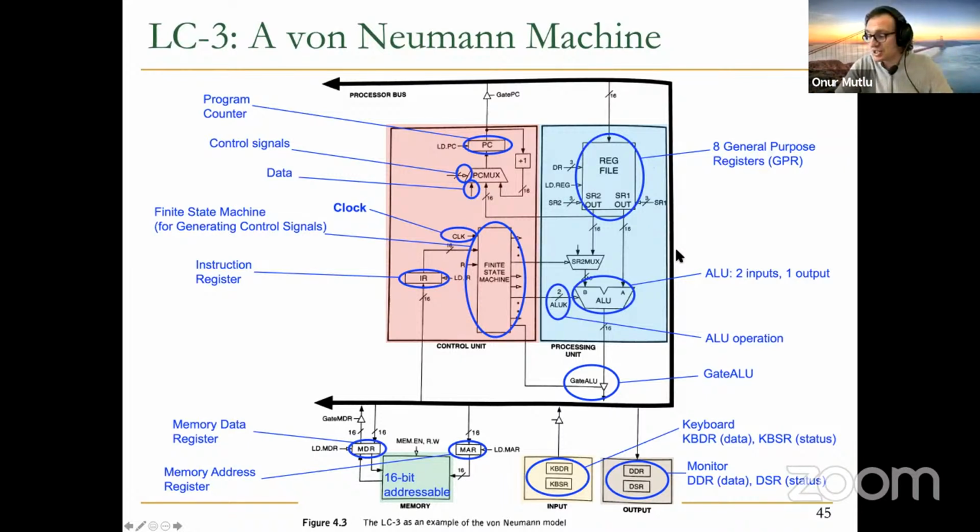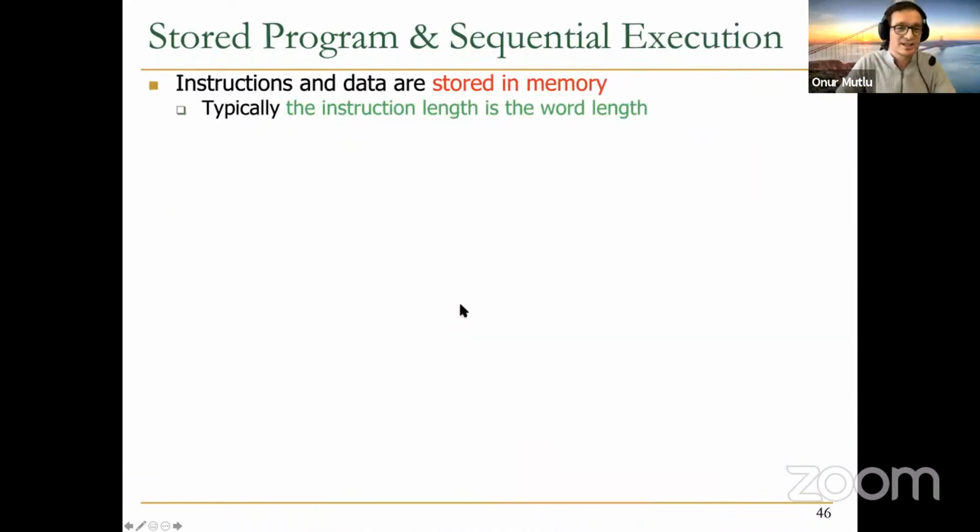These paths essentially show you that you need to design these paths to enable the processing of instructions. And as I've already said, this is the processor bus. It is 16 bits wide in this case, and it goes over the entire processor, and it is bidirectional, as you can see over here. So you can load the PC over here, and then the data can come from the register file, etc. We're going to talk about that later on.